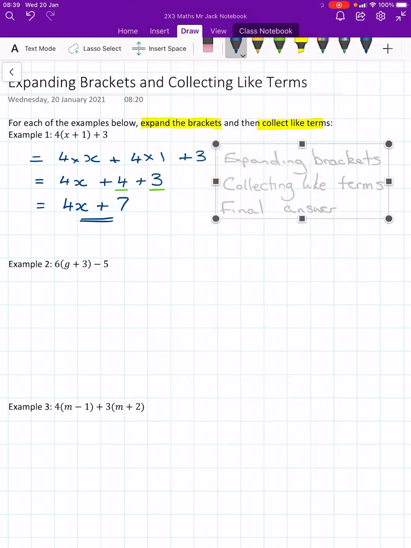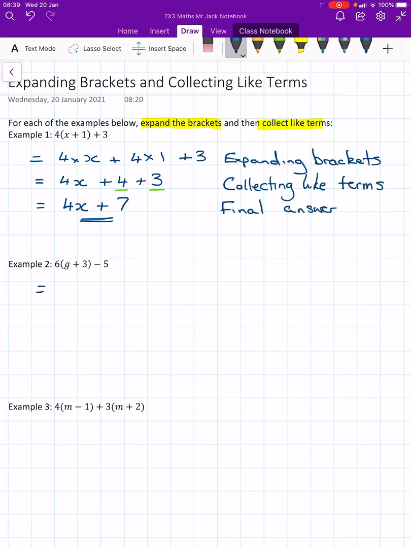So 6 bracket g plus 3 minus 5. So that expansion, we're going to do 6. The 6 has to multiply the g and also has to multiply the 3. And this time we have a minus 5 in there.